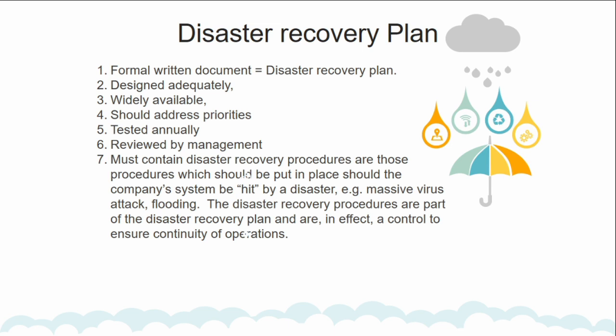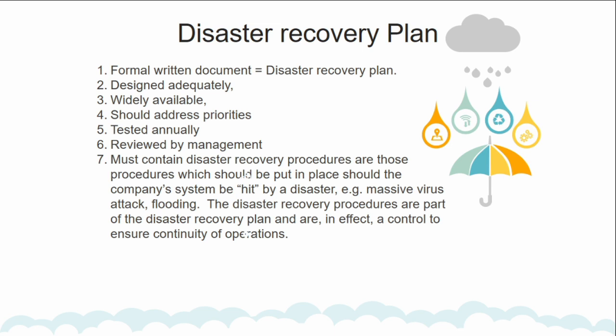Each person that is required to do something should be assigned specific priorities. So what needs to be done first and what can be done second, and then also specific steps that need to be carried out. So very detailed in terms of what needs to happen. Then the disaster recovery plan needs to be tested multiple times to ensure that firstly it's still operating correctly and everyone knows what to do, and that the recovery plan was actually designed correctly.